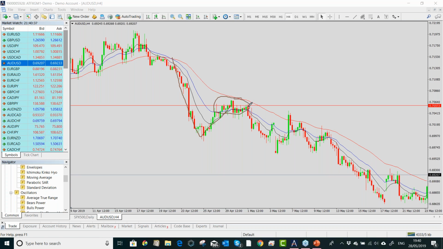And once we do that, price moves to the downside. Even if we take profit around here, we're going to make a nice profit. But we can take another opportunity to sell here and make more profit, or we can simply hold the original trade here and make a really nice big profit.